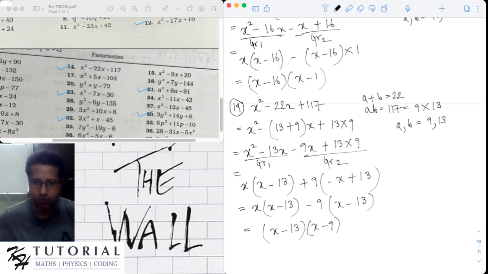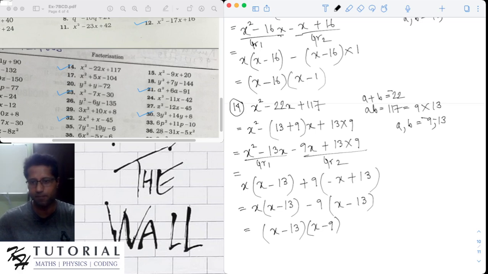Oh, I'm sorry, I made a mistake. a plus b will be minus 22, not 22, and ab is 117. So a and b will not be 9 and 13, but a and b will be minus 9 and minus 13, since their addition has to be minus 22.